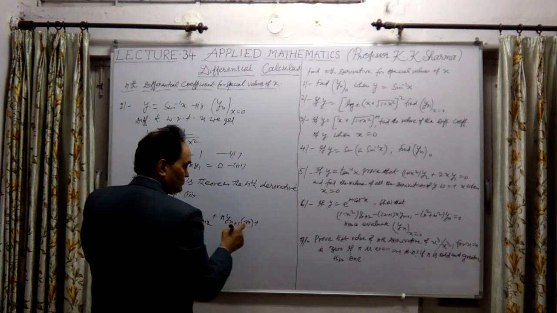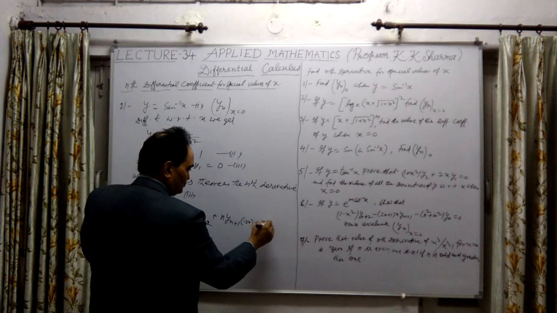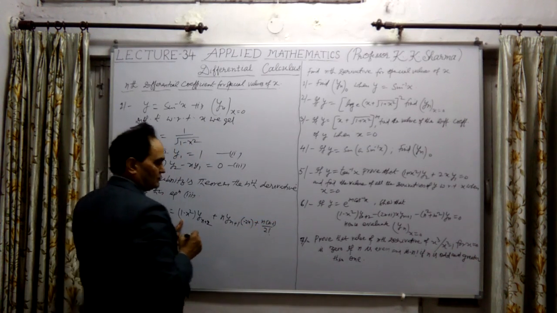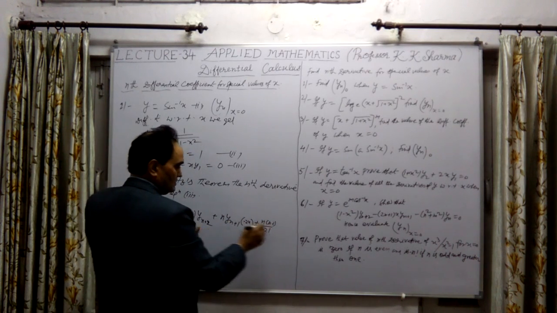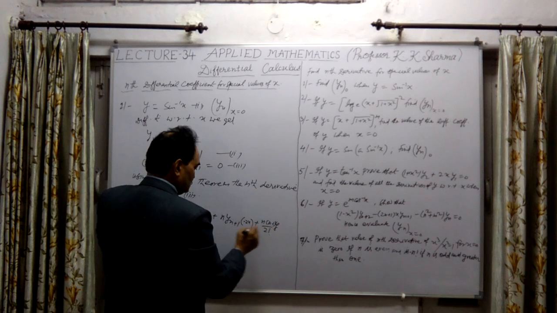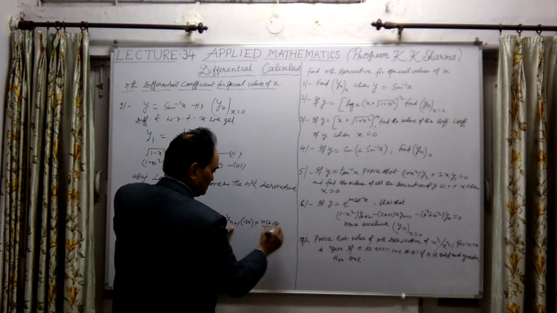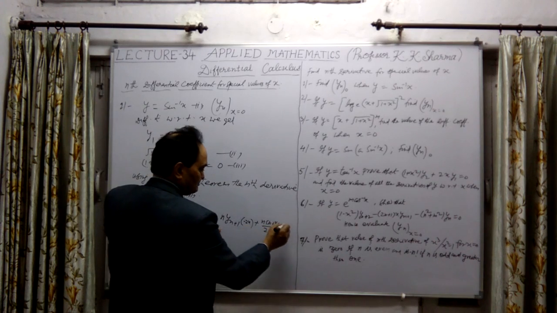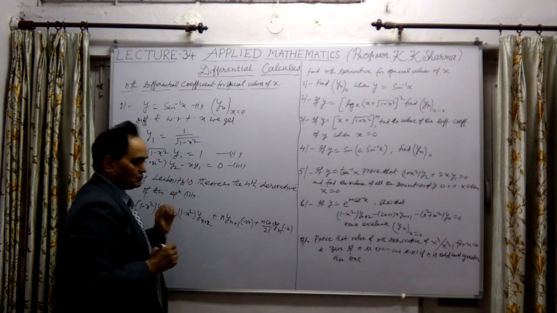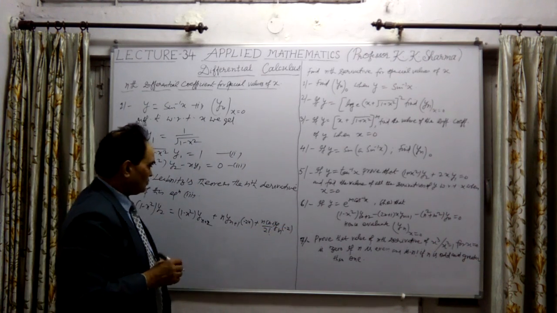Okay, then plus nC2, that means n into n minus 1 divided by factorial 2, the value of nC2, into yn, which is one lesser than y n plus 1. Now the derivative of minus 2x is minus 2 only. Now the next terms will be 0, so only 3 terms.